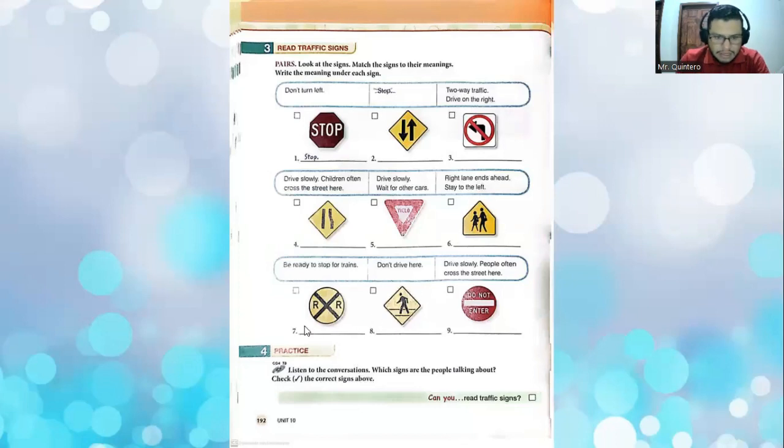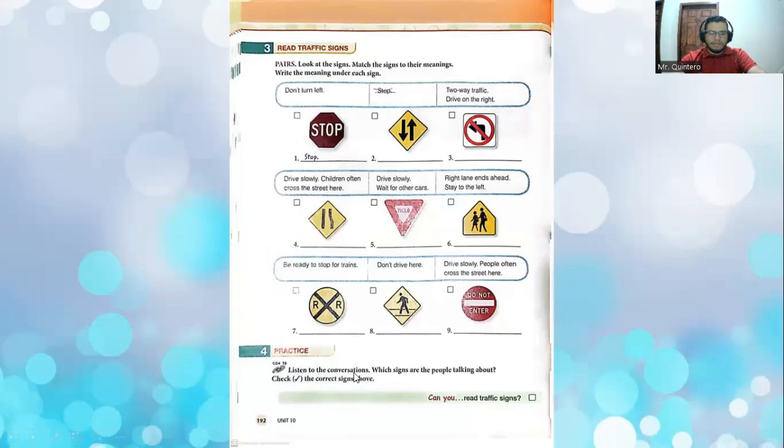So, in the last part, what do we have? Be ready to stop for trains. The number 7. Don't drive here. Drive slowly. People often cross the street here.